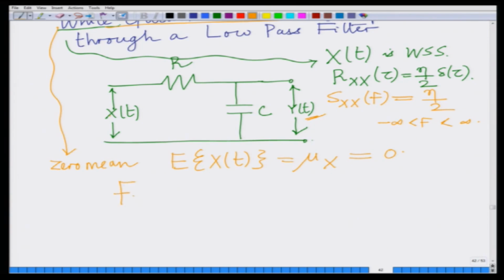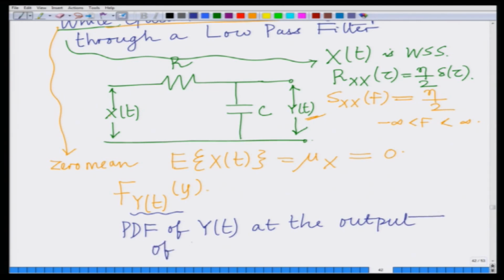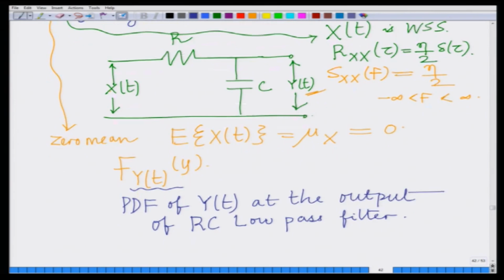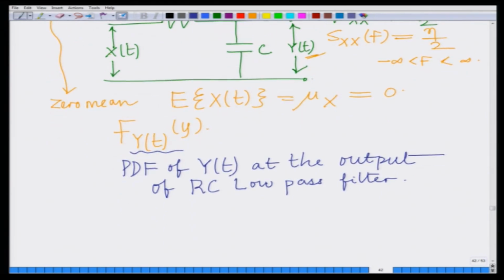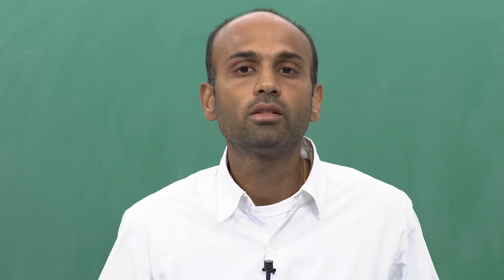What we want to find is the probability density function, the PDF, of yt at the output, that is, the PDF of the noise output of your RC low pass filter. In a communication system we employ processing, so let us say we are passing the signal through a low pass filter, and what happens to the noise at the output?